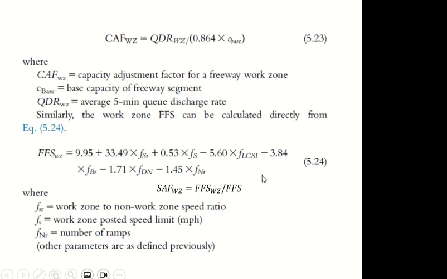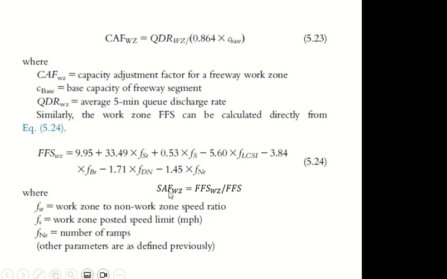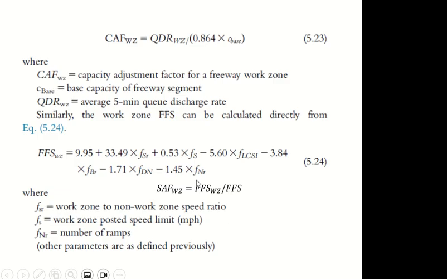FLCSI is the same as this one. FBR, factor for barrier type, is this one. Factor for day and night is this one, 0 or 1. Then we have the factor for number of ramps. This is just the number of ramps.